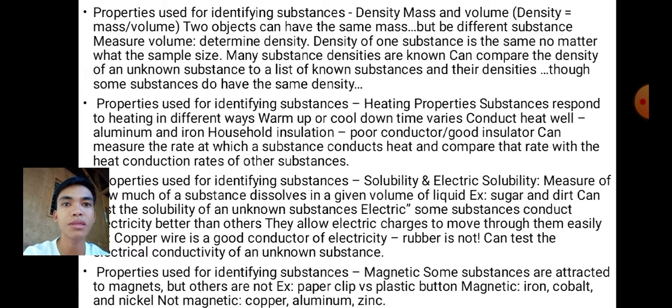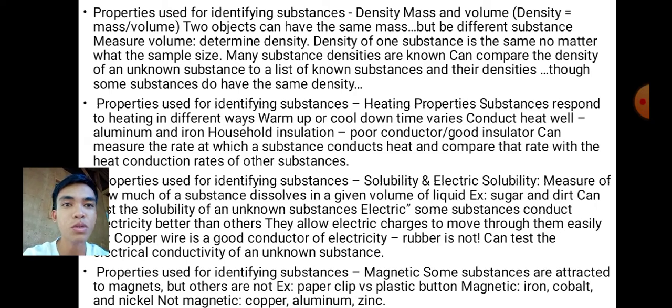You can compare the density of an unknown substance to a list of known substances and their densities, though some substances do have the same densities.